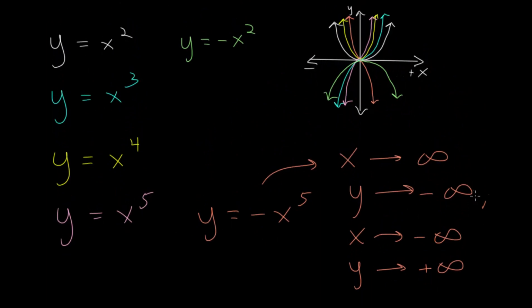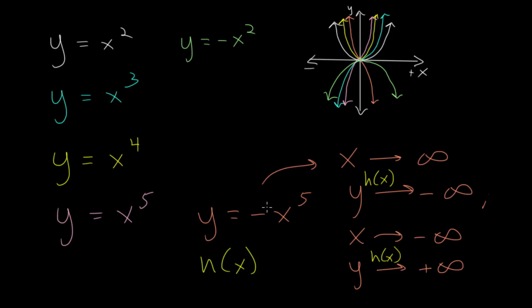So while this is true for this equation, y is equal to minus x to the fifth, it is also true for h of x. So we can say that as x goes to infinity, h of x approaches negative infinity, and as x goes to negative infinity, h of x approaches positive infinity.